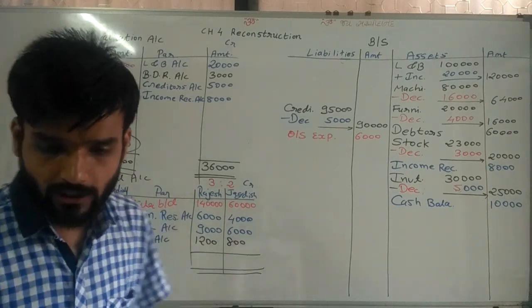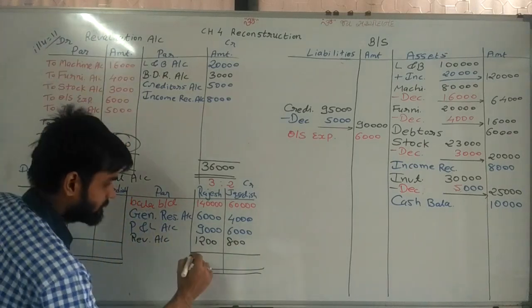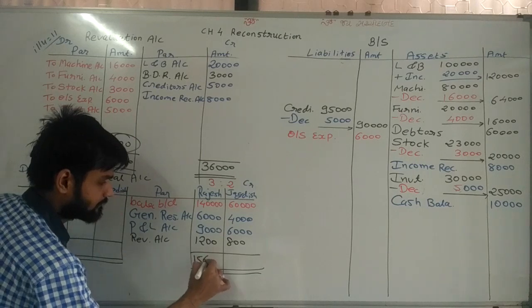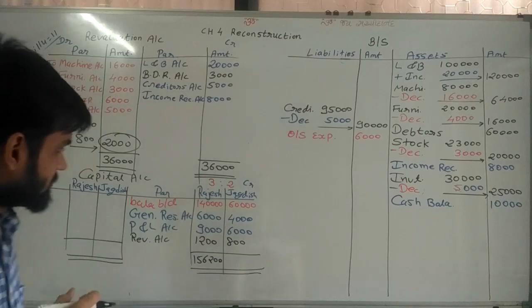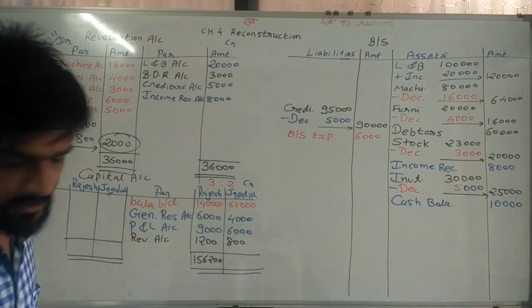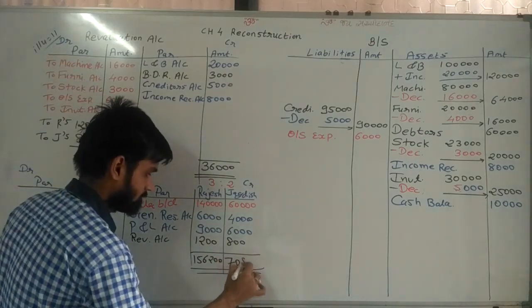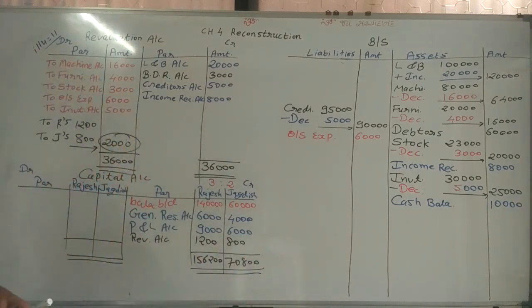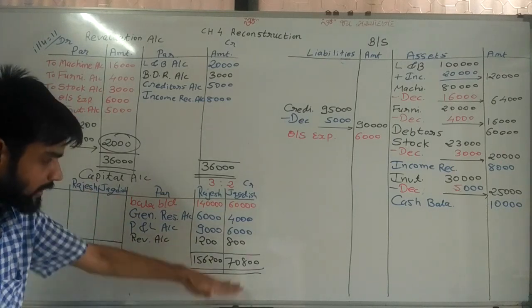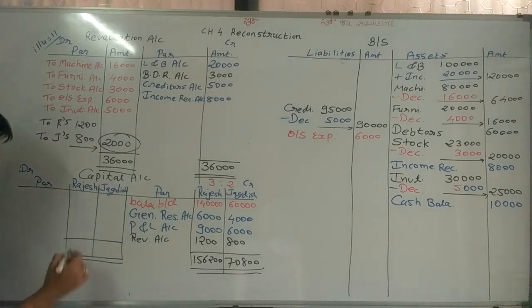So credit side total is 1,56,200. And here for 70,800. Now total is clear. Same total we are writing here because highest total is that.